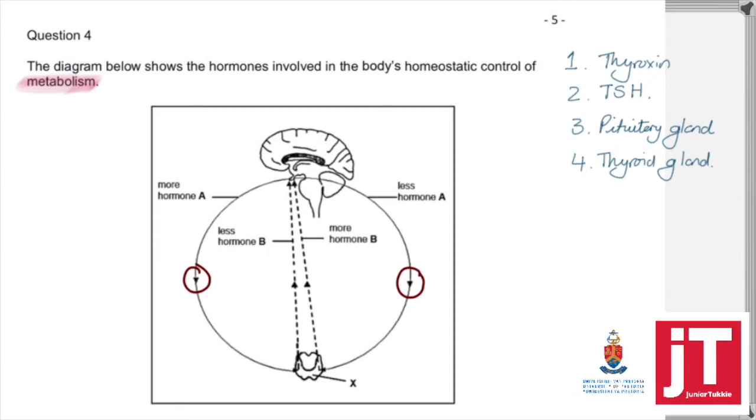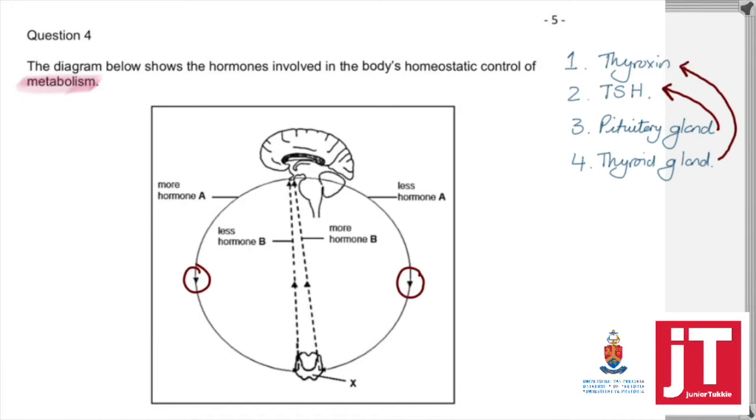Now, if you remember correctly, looking at what we've already studied in this section, we can link the hormone to the gland. And if we look at these two, we know that it's the pituitary gland that is responsible for the secretion of TSH, which is our thyroid stimulating hormone, and then the thyroid that is responsible for the secretion of our thyroxine.